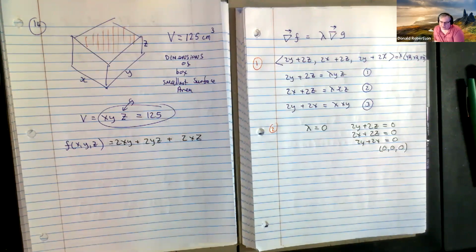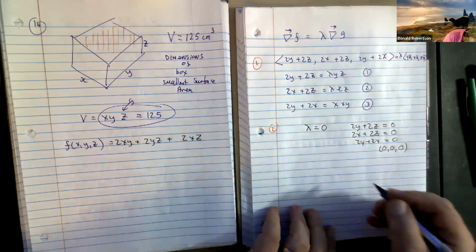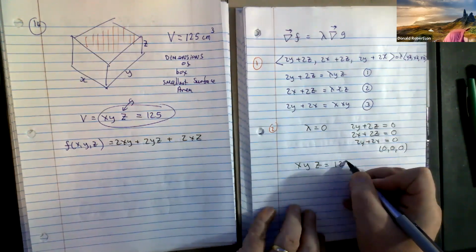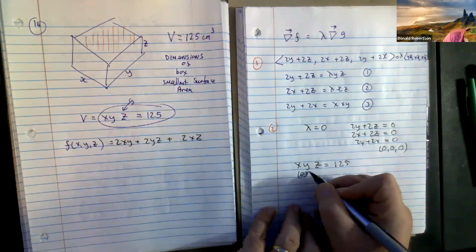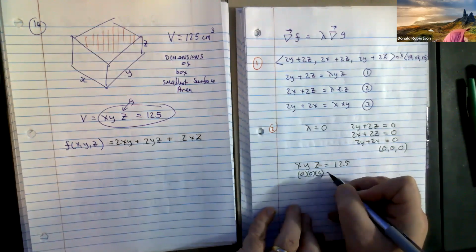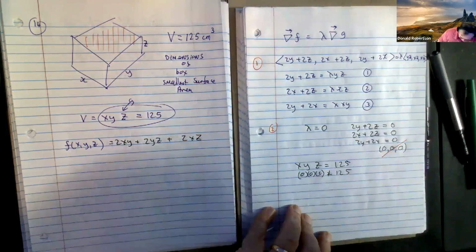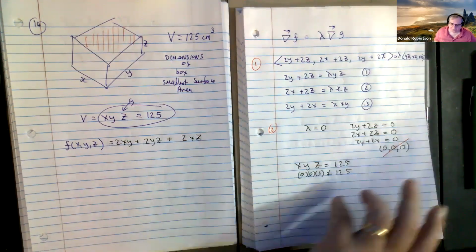If all three of them are going to be 0 at the same time, the only way that's going to work is x, y, and z are zeros. Now, if you look at the constraint function, x times y times z has to be 125. That clearly is not going to work. So off you go, can't use you.